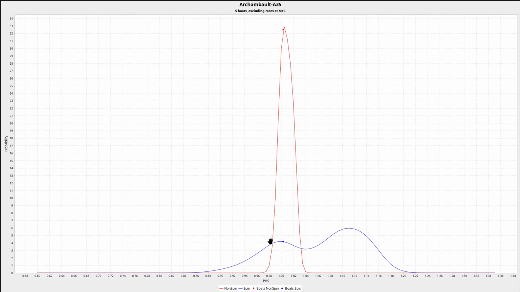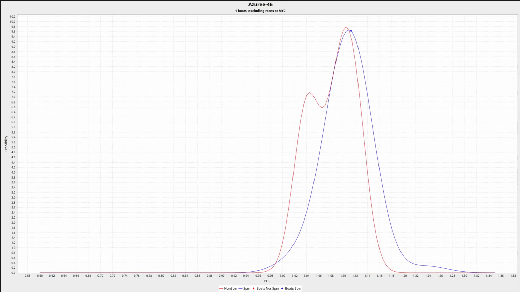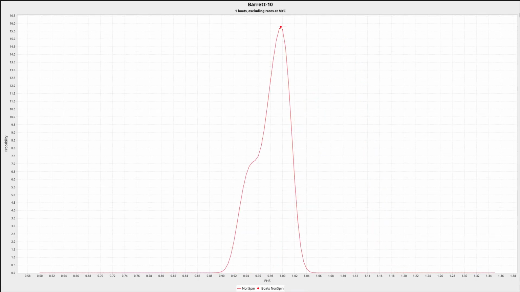On the spinnaker chart, there is no clear peak. That's interesting, and they're down here. Also, this peak of the non-spinnaker has quite the same handicap as the spinnaker, which you get sometimes. Azure 46, again, strange that the spinnaker and the non-spinnaker are much the same, but our dot's on the peak.